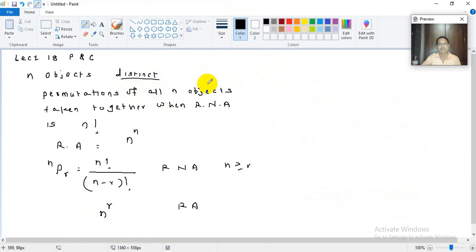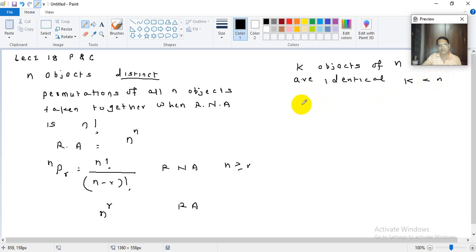Some of them are identical. So suppose k objects out of n are identical. Naturally k must be less than or equal to n.